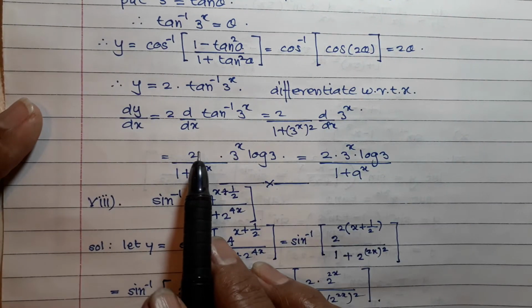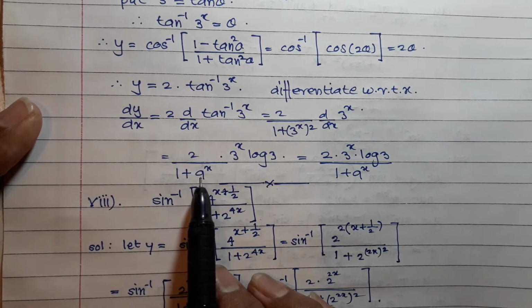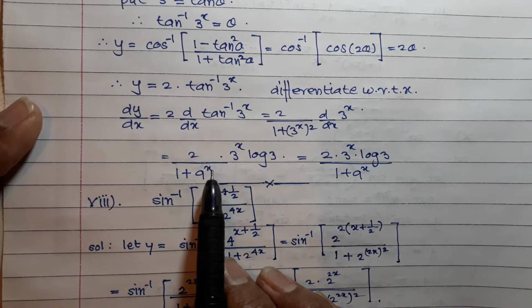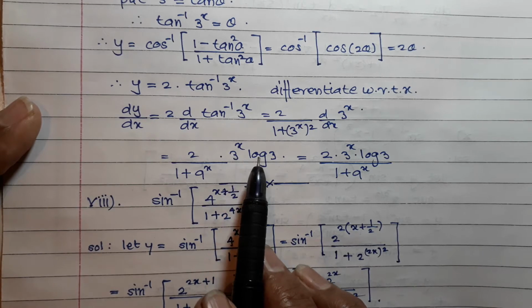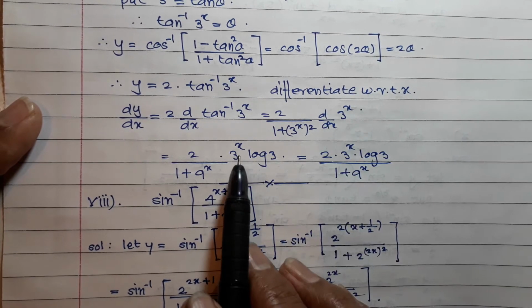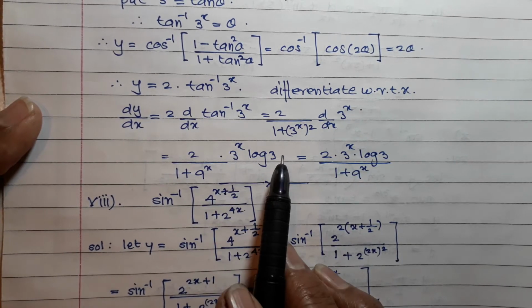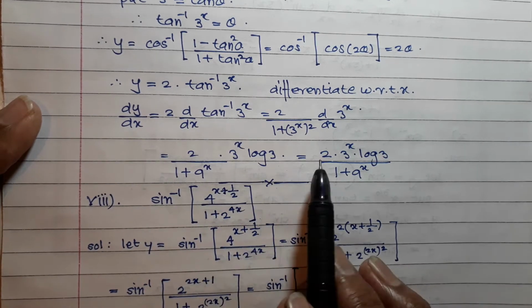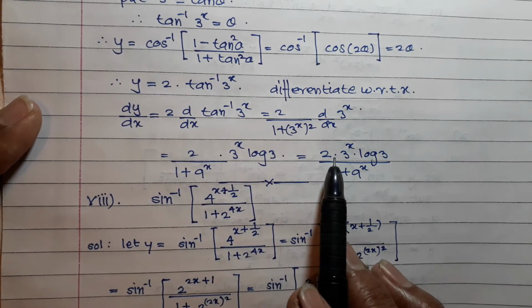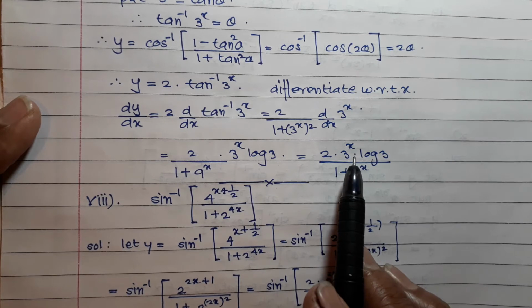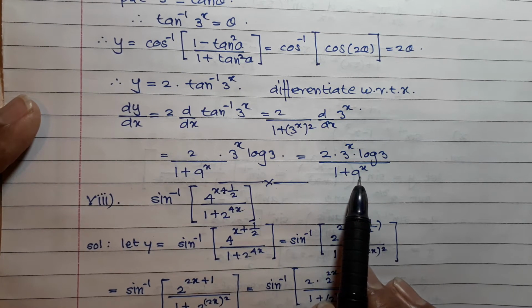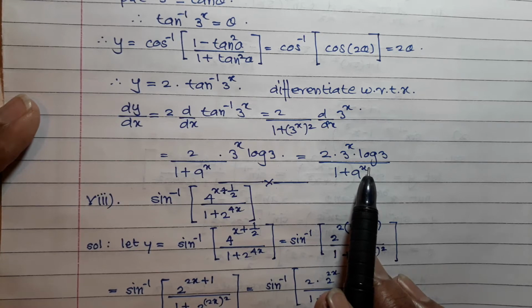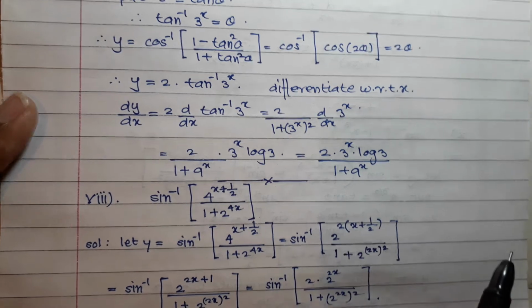So it is equal to 2 upon 1 plus 9 raised to x into the derivative of 3 raised to x, which is 3 raised to x log 3. Therefore dy/dx is equal to 2 into 3 raised to x into log 3 upon 1 plus 9 raised to x.